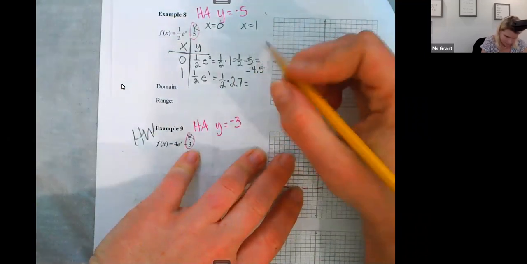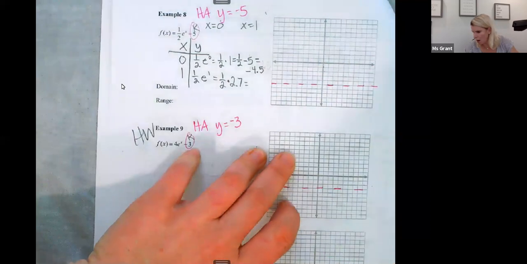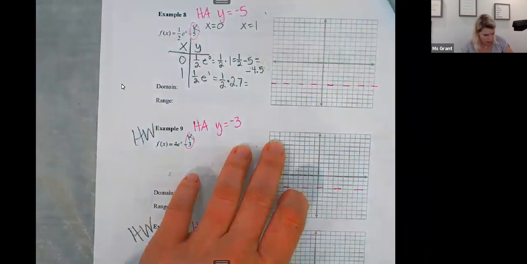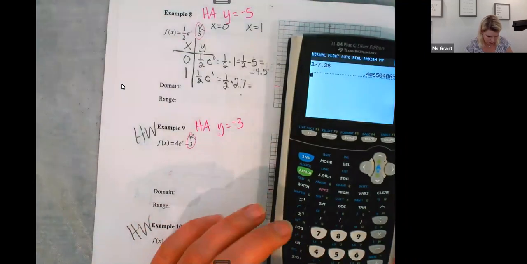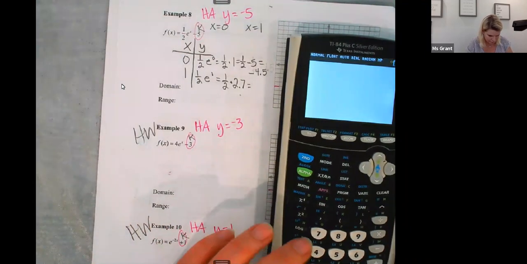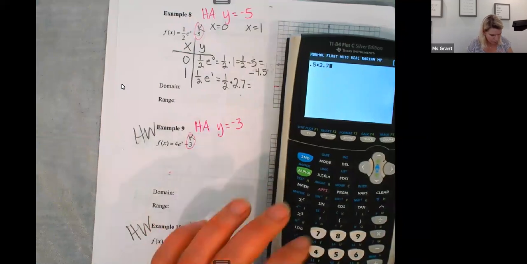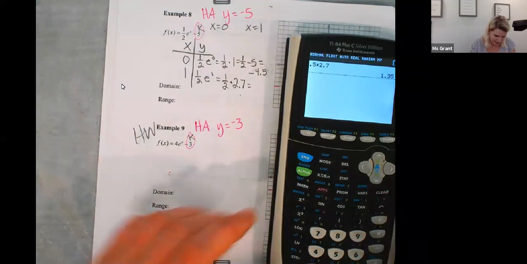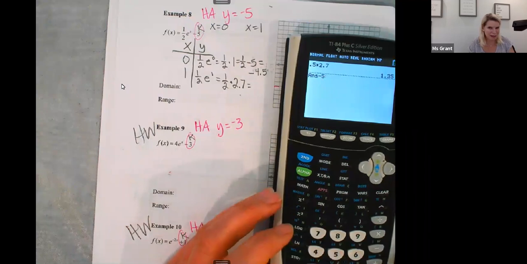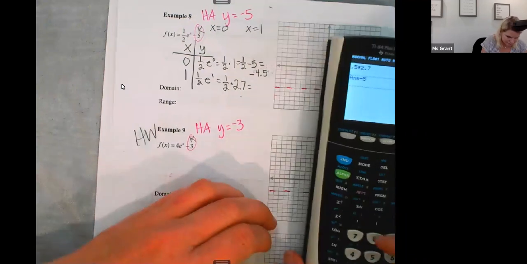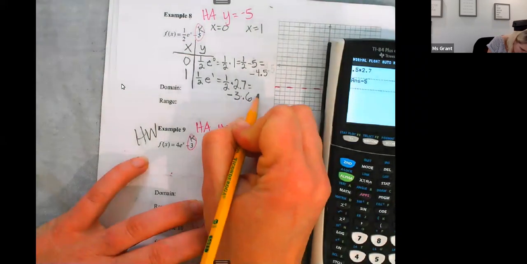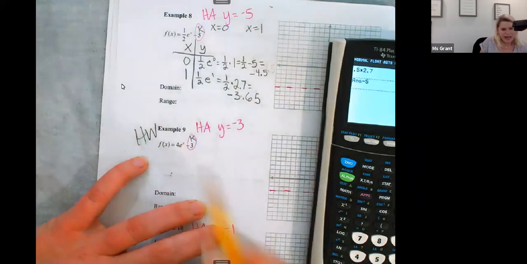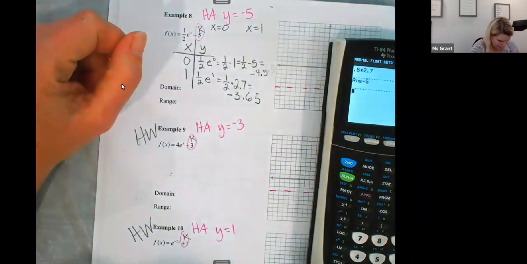Minus, okay. Let's do 2.5. 1.35, and then I have to do -5, remember, because that's my shift. -3.65. Half times 2.7, take away 5.